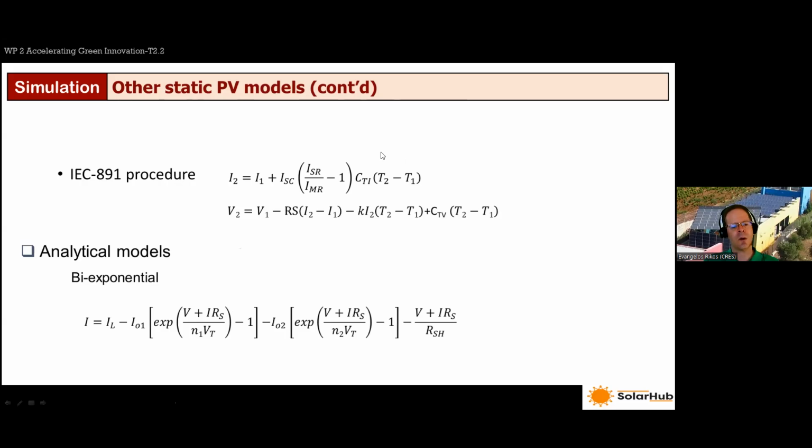You use one of these methods, like this standardized method, to recalculate the performance of the module at STC. There are, of course, other more analytical models, similar to the parametric model, like the bi-exponential model. This is pretty much the same as the parametric model, but it uses an additional term for the exponential behavior of the diode.